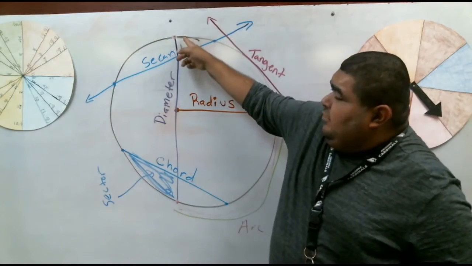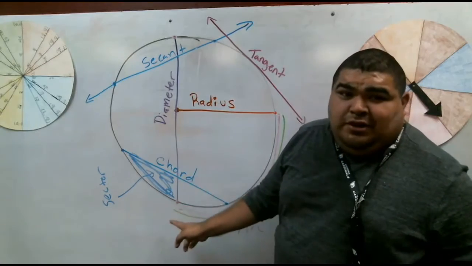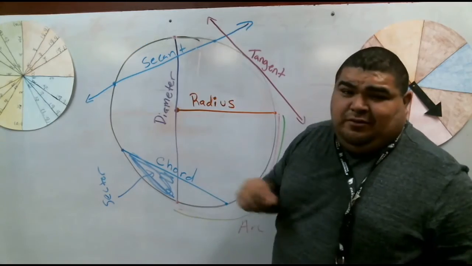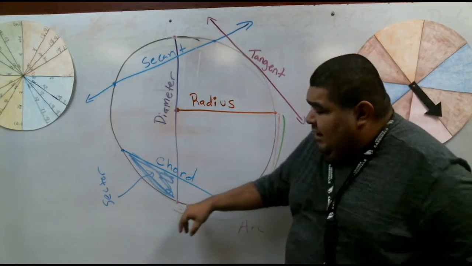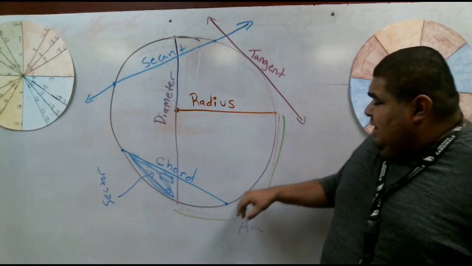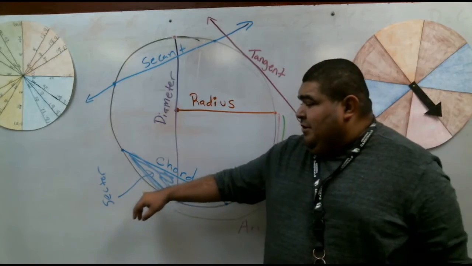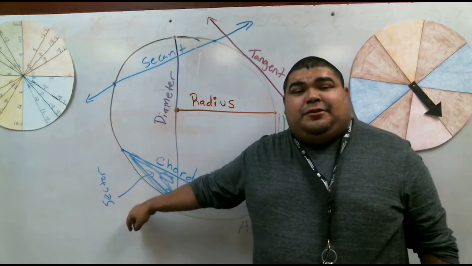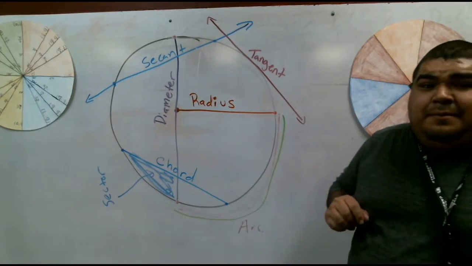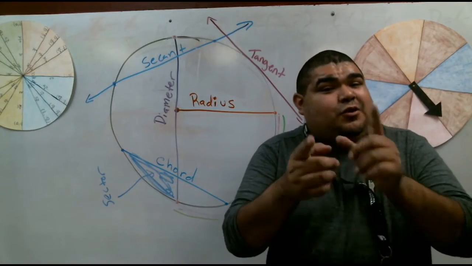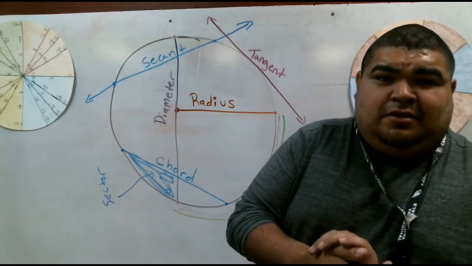If the line goes through the center and goes from one edge to another, it's called a diameter. If we're looking for a little piece of the outside, it's called an arc. If we're looking for a shaded part on the inside, it's called a sector. If a line passes through the outside and doesn't go in, remember, it's called a tangent.